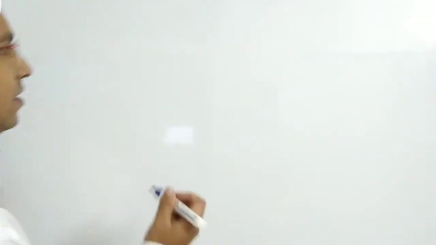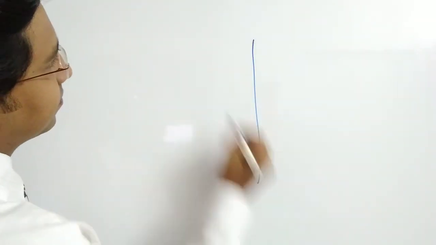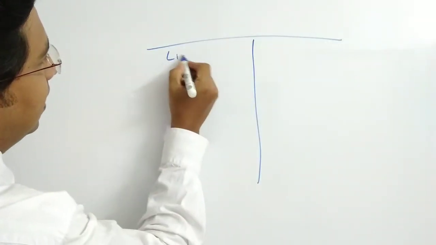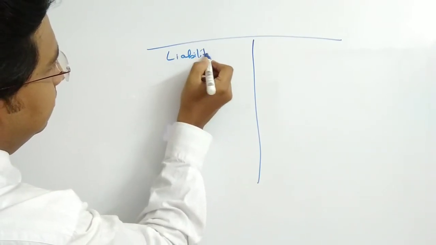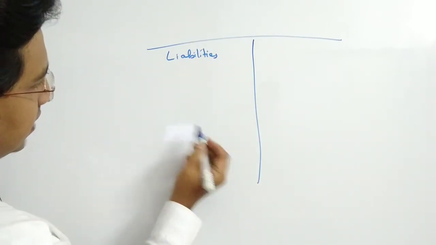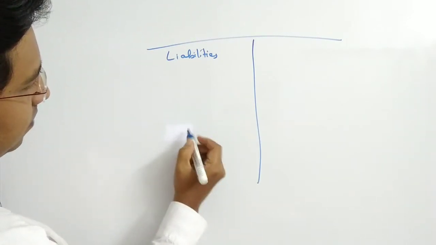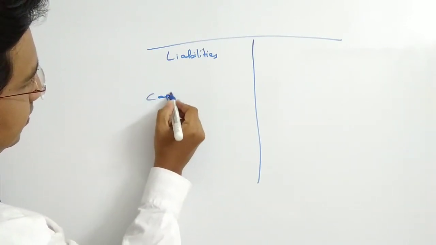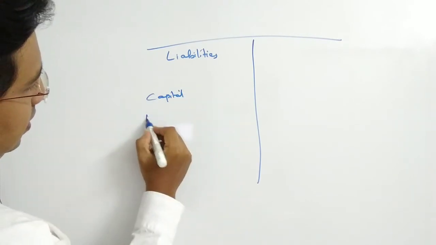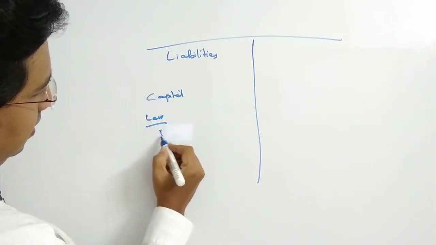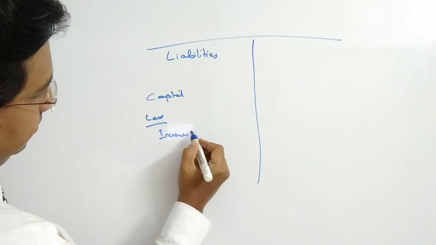So the balance sheet treatment is on the liability side. It should be subtracted after subtracting the drawings. It should be subtracted from the capital. Okay, less income tax paid.